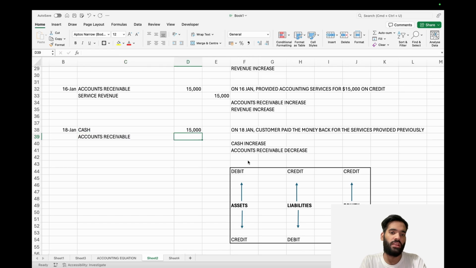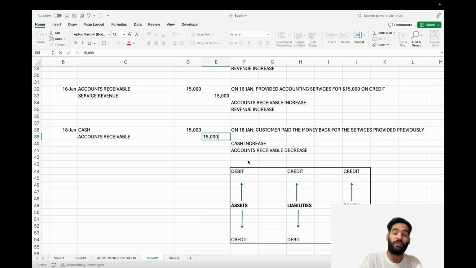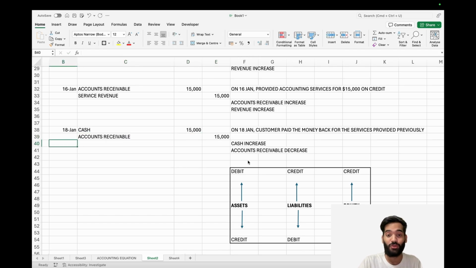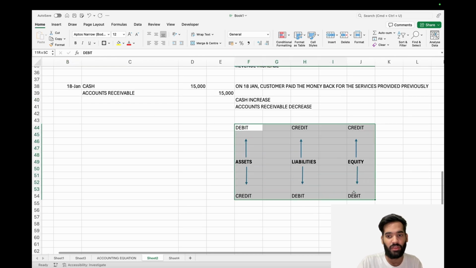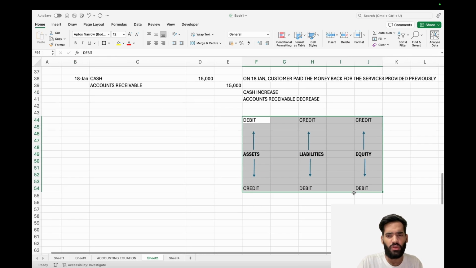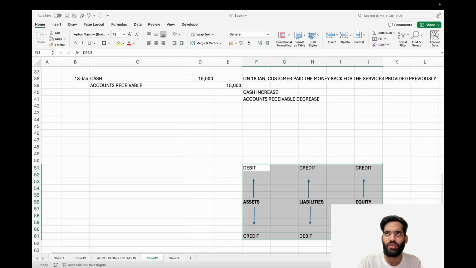So I hope you're seeing the utility of the rules. The better you know the rules, the faster you'll get at this process. And just to let you know, it gets to a point where you are not consciously thinking about this. You're thinking about something else that happened in the day, and you're still making the entries as a student or as an accountant. So it's actually a very good way to learn accounting.